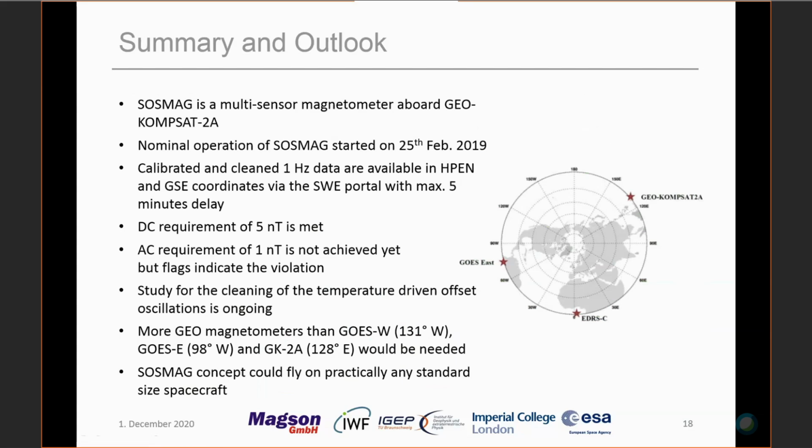For AC, the requirement was a correction better than 1 nanotesla. That is not achieved yet, but we have automatically flagged indications for violations. And we have an ongoing study for cleaning of the temperature-driven offset oscillation.